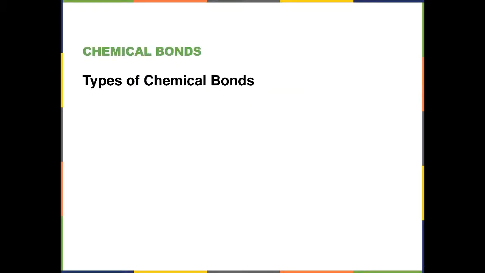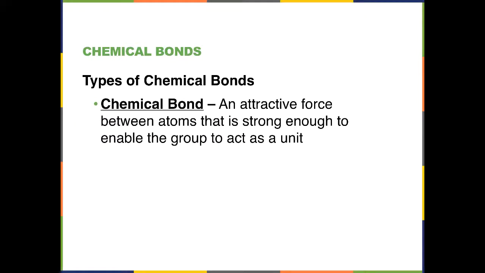So first of all, let's do a run through of the three most common types of chemical bonds. First of all, a chemical bond is an attractive force between atoms that is strong enough to enable the group to act as a single unit.